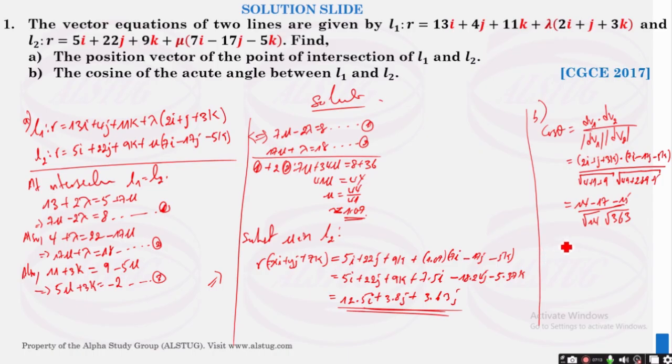So this will end up in negative 18 on root 363, I have 19.05, and root 14, 3.74.